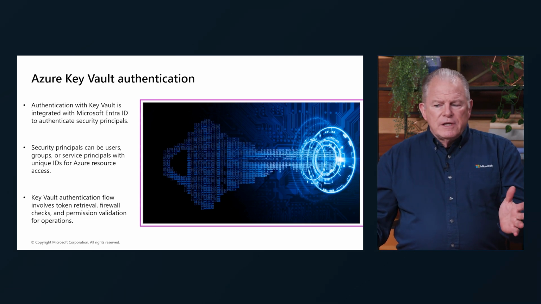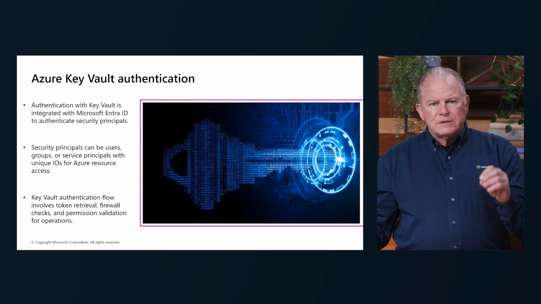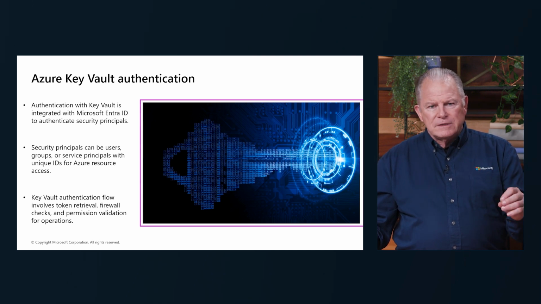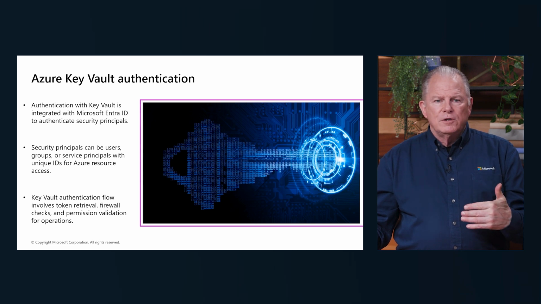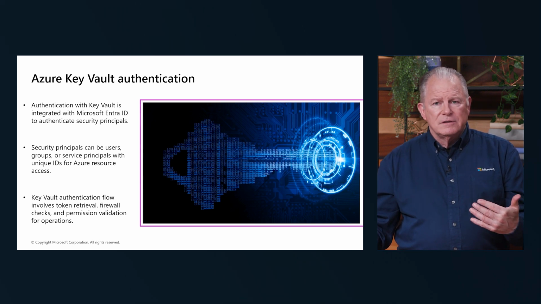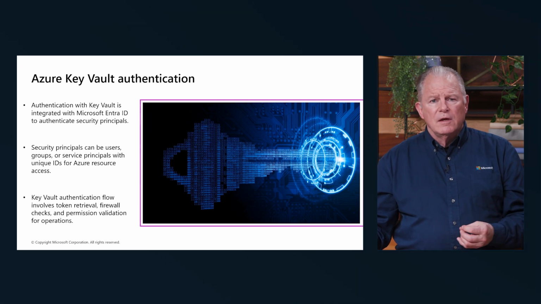I've already covered most of the information on this slide, and it talks about the principle of authentication, authorization, and least permissions that you're dealing with. Wherever possible, you want to elevate this to something like Entra ID as opposed to the shared access signatures or the policies that you're working with.